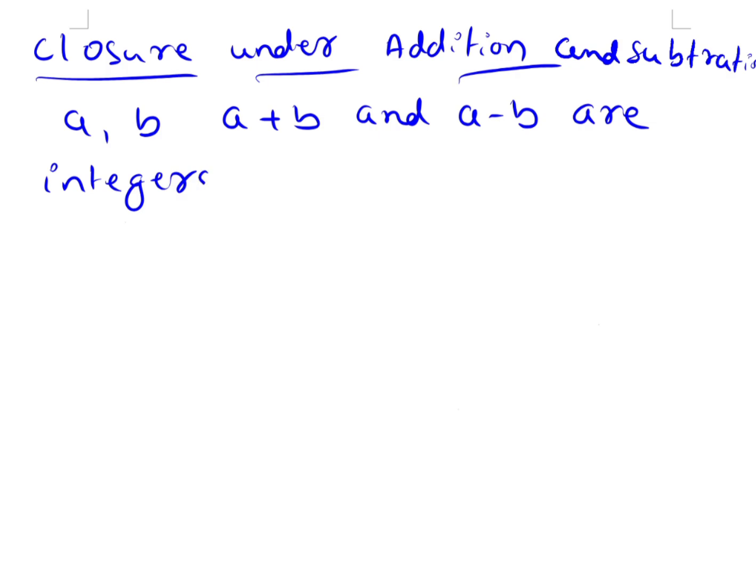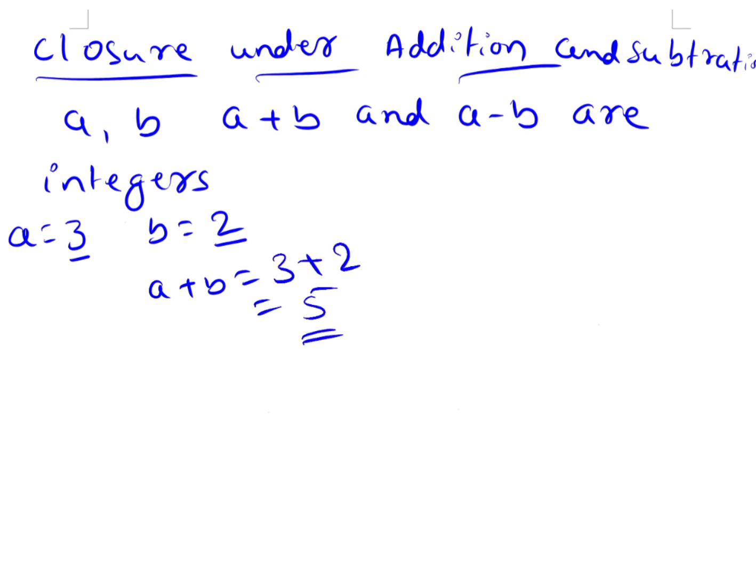It means for every a and b, take one number for a, that is 3. a is equal to 3, b is equal to 2. 3 is also an integer, 2 is also an integer. a plus b is 3 plus 2, which is equal to 5. 5 is also an integer.